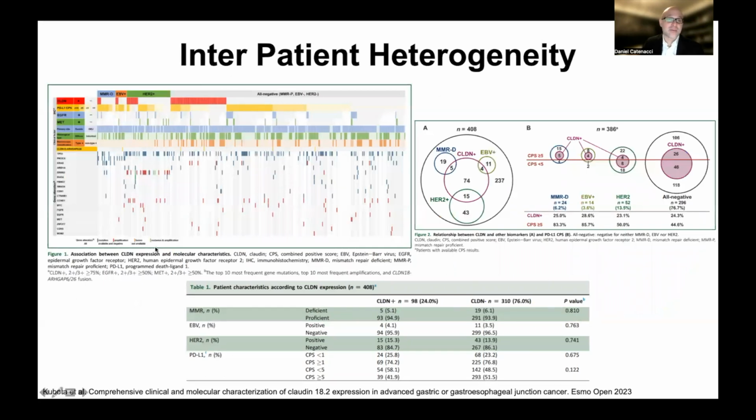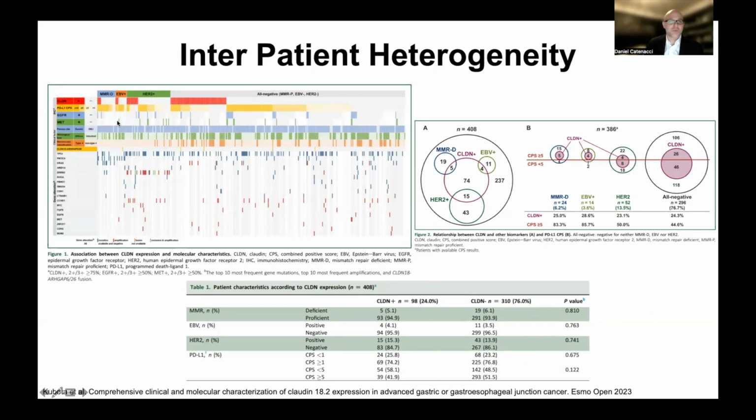And again, similar to the previous plot that looked at molecular testing from the TCGA, you can see that each of these columns represents a tumor sample from a patient, and that each of the rows represents different genes from sequencing or different protein expression profiles, Claudin, PD-L1, et cetera, and other biological and clinical characteristics of the tumor, and also clustered by the TCGA subsets.